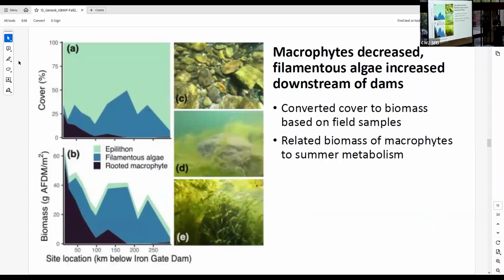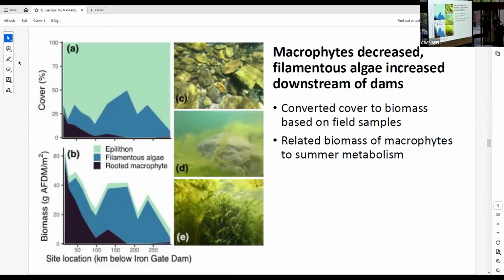And then I also took the data from those observational surveys where we had about 60 points per reach. We took a mean reach average of the filamentous algae, the rooted macrophytes, and then just the bare rocks. And we converted that cover to estimates of biomass based on field samples.